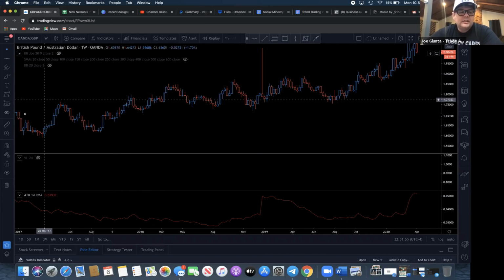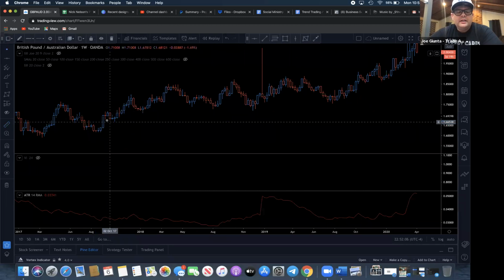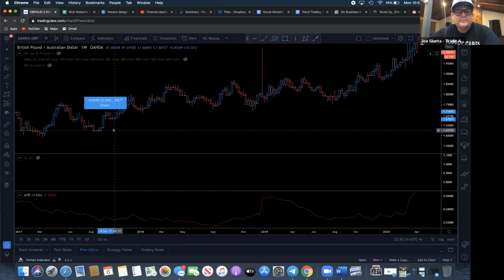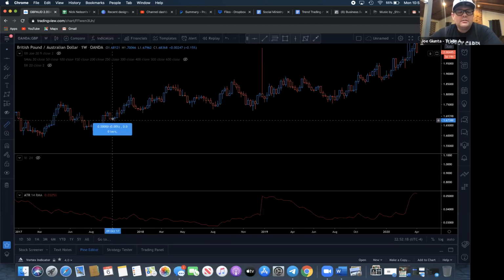So from here to here, we had 580 pips or so. The next one is tinier, 376 from top to bottom. The next was even smaller, 170 or whatever.